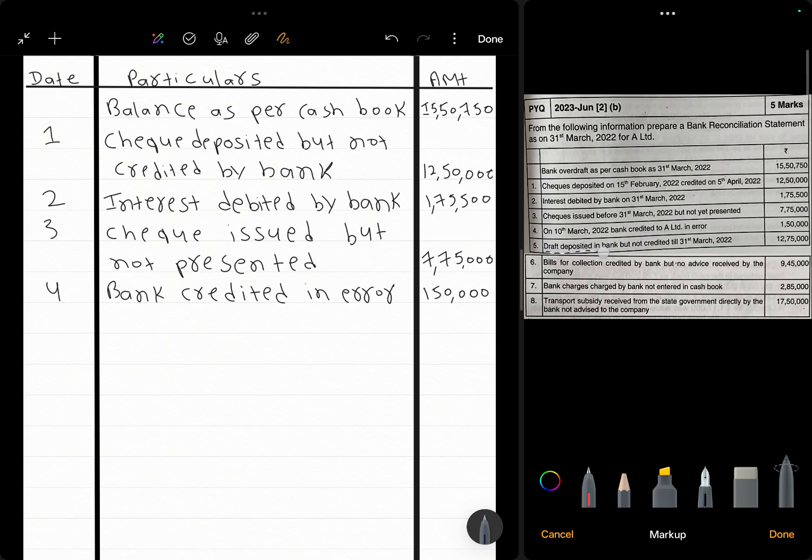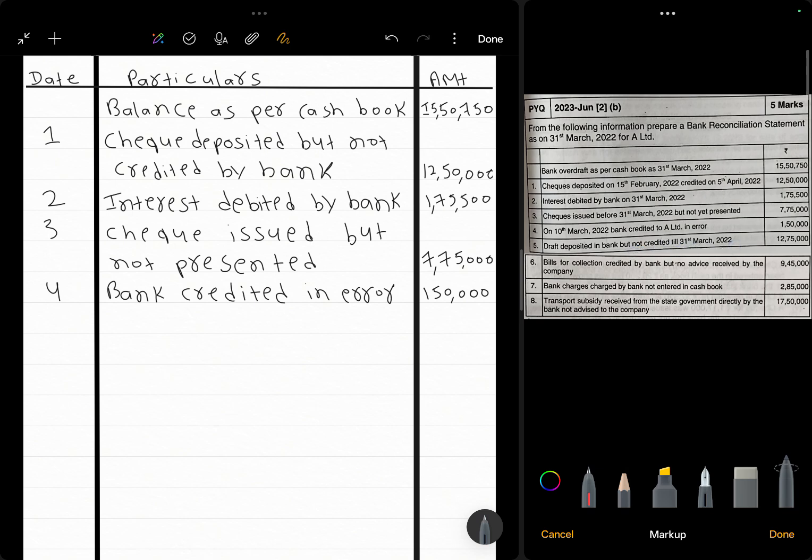Draft deposited in bank but not credited till 31st March 2022. So see here, what does that mean? Draft deposited in bank. A draft is a kind of check, we can consider this as a check. So draft deposited in bank but not credited till 31st March.